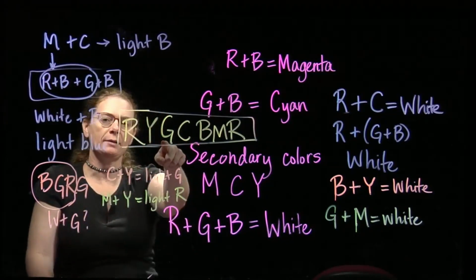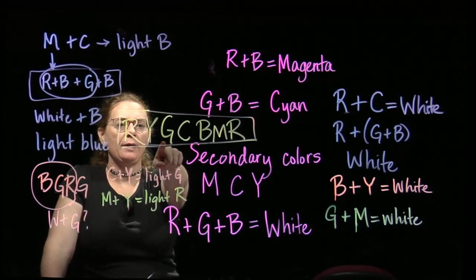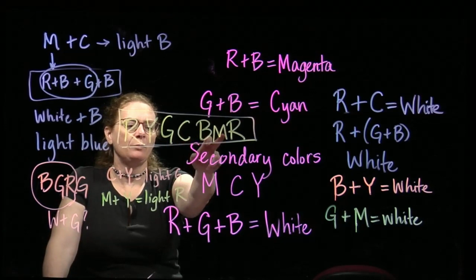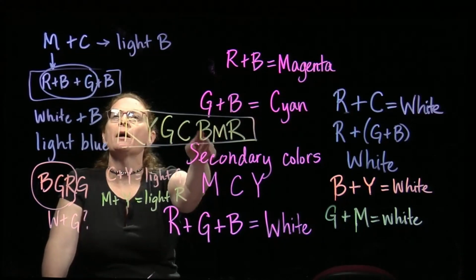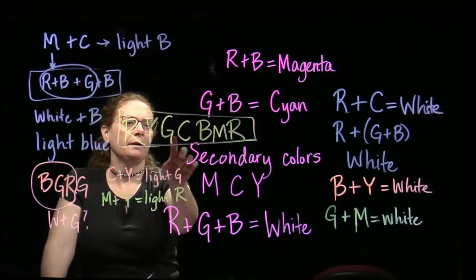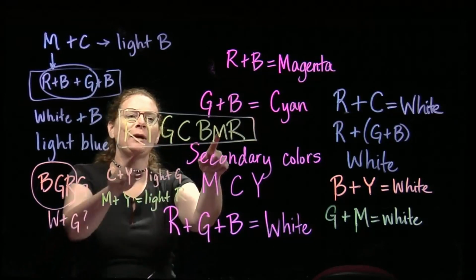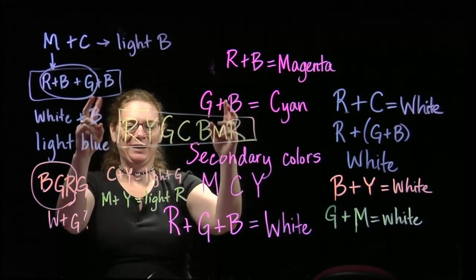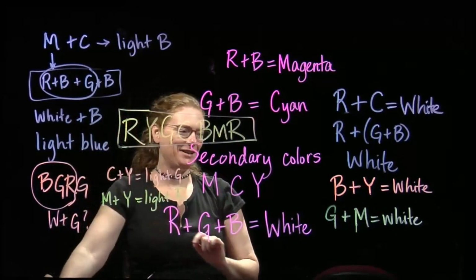Well, green's the one that's in common. They both have a green, so that's my extra. And cyan and magenta have blue in common, so that should be light blue. And yellow and magenta have the red in common, and so that should be light red.